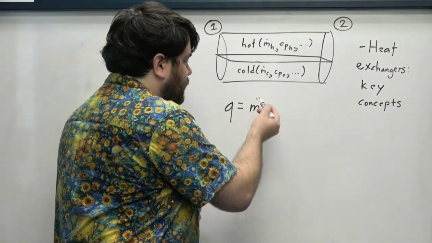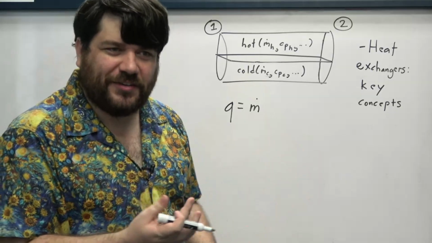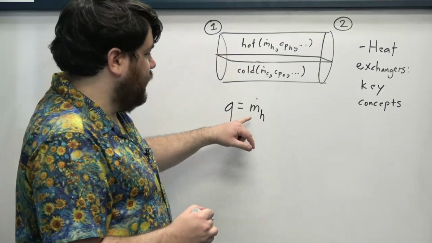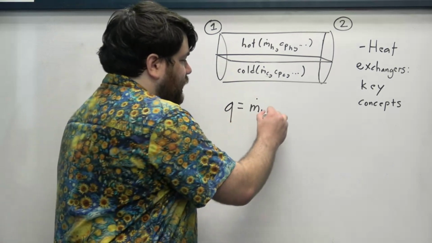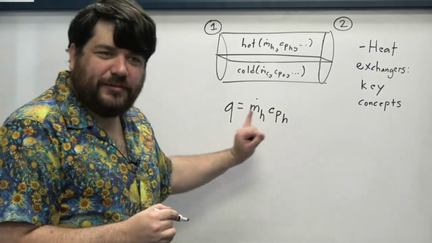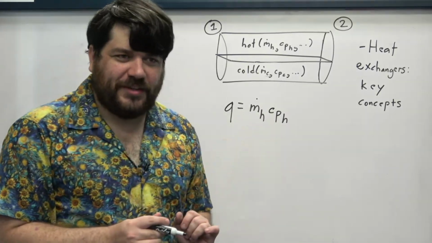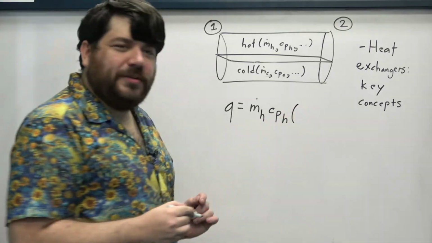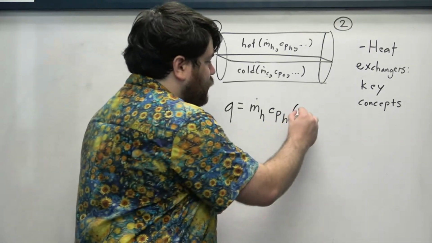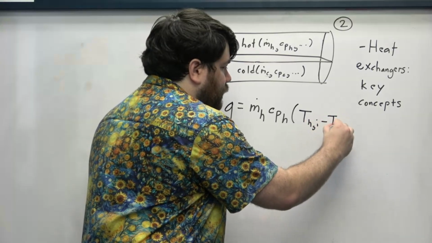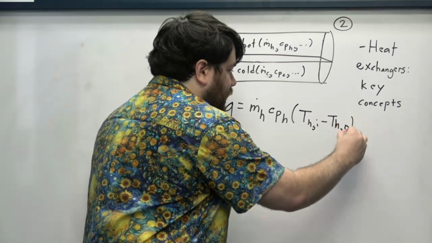by m dot H, let's consider the hot liquid, that this heat transfer is equal to m dot H times C_pH, the mass flow rate of the hot liquid times the specific heat capacity of the hot liquid, and then multiplied by the temperature of the hot liquid at the inlet minus the temperature of the hot liquid at the outlet.